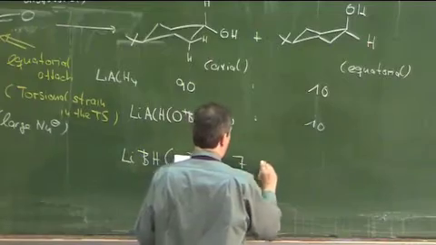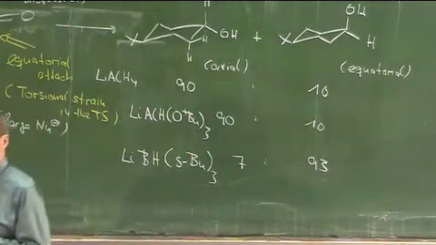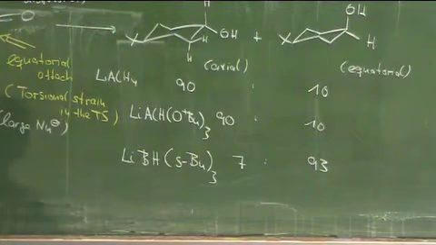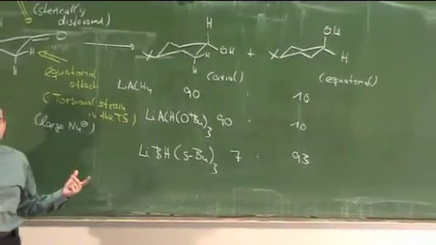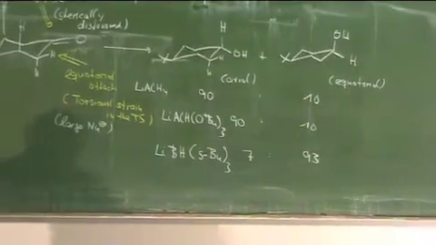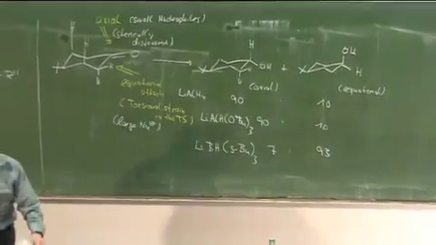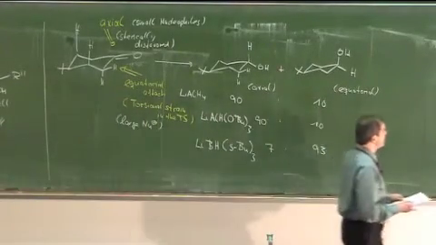Then you actually reverse the selectivity almost completely here. So again, a very interesting case that by the appropriate choice of your reducing agent, you can have pretty large effects in your stereoselectivity. And let me show you another interesting case for this.